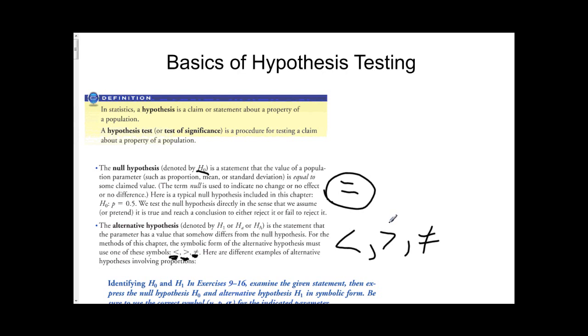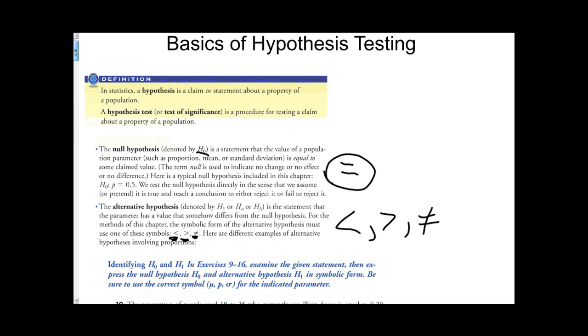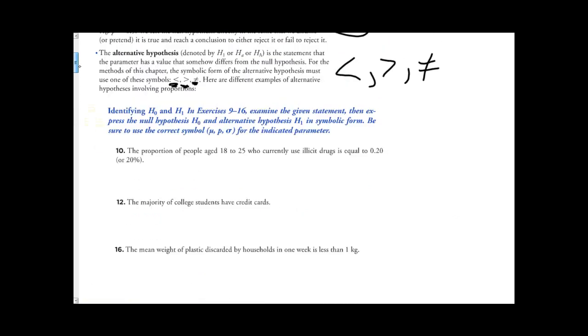If the equal sign is on the claim, then the claim will be the null hypothesis. If the equal sign is not on the claim, then the claim will actually be the alternative hypothesis. All right, so let's take a look at creating some hypotheses.